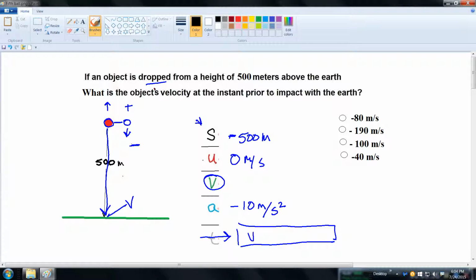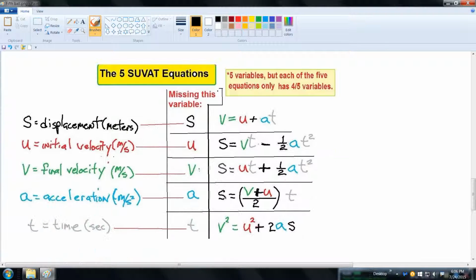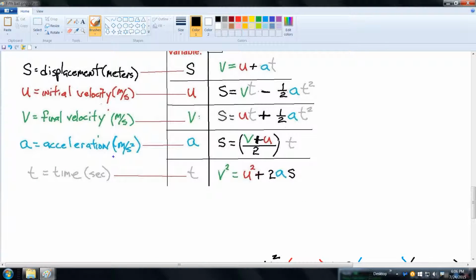So that's going to be v squared is equal to u squared plus 2as. So we're going to draw a line through that and use this equation that's affiliated with this missing variable t.